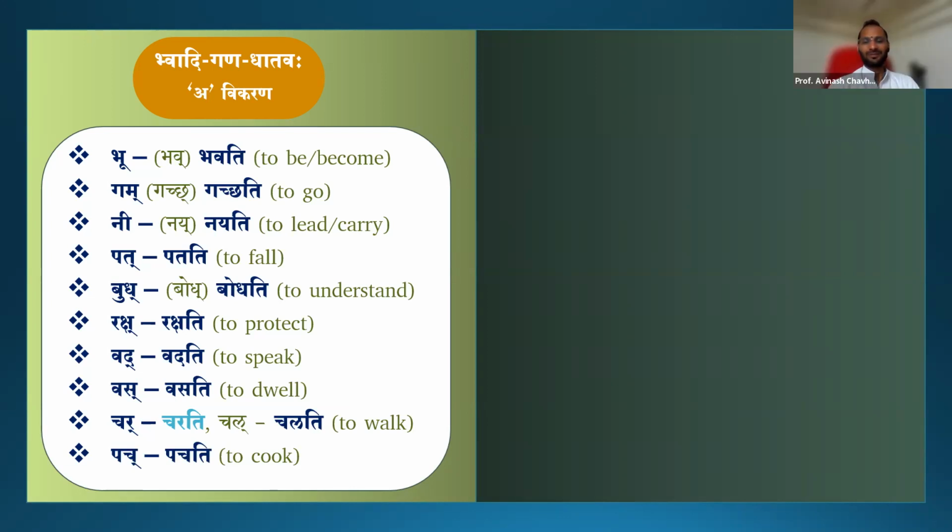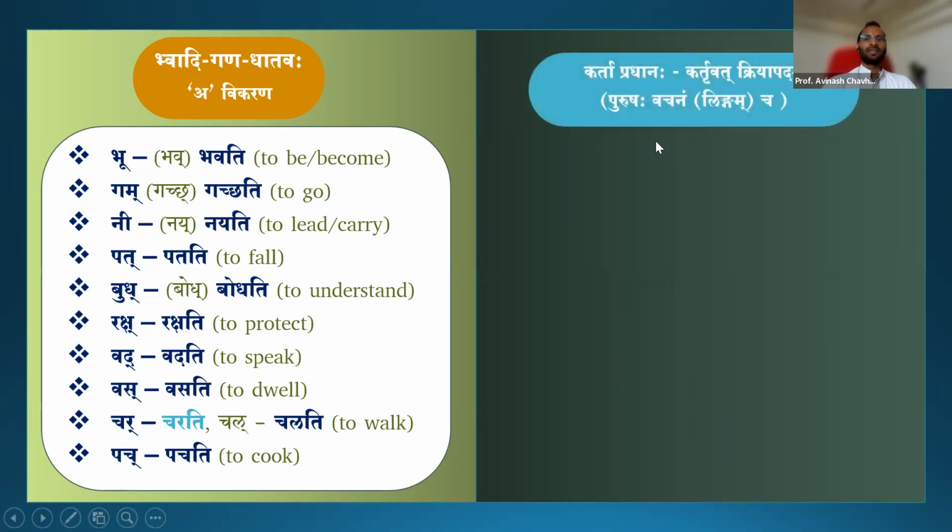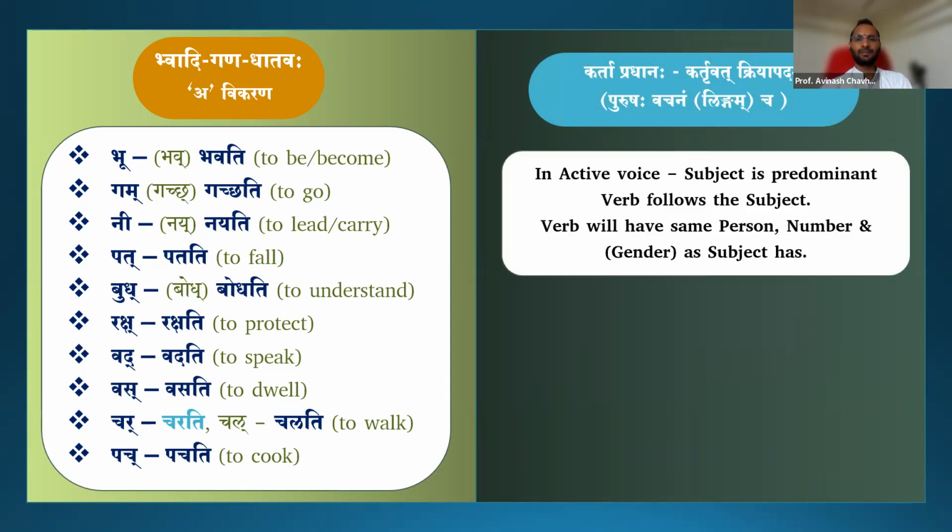Now we are going to make a few more sentences with similar patterns. Another rule I am going to explain with this. Karta pradhanah, we saw in kartari prayoga, karta will be predominant. In active voice, the subject is always predominant, and the verb will follow the subject.